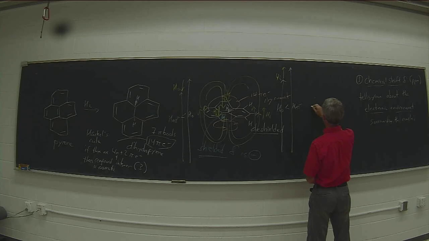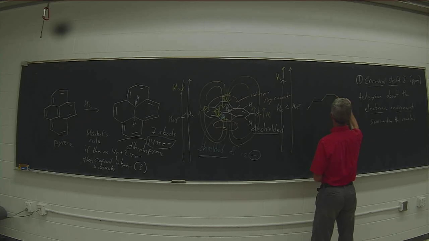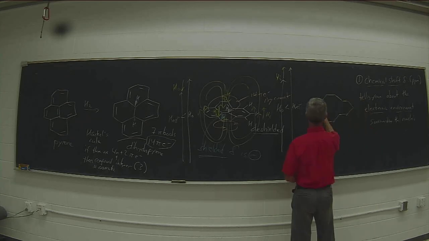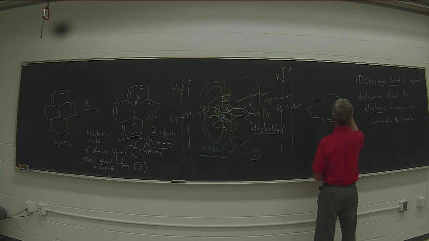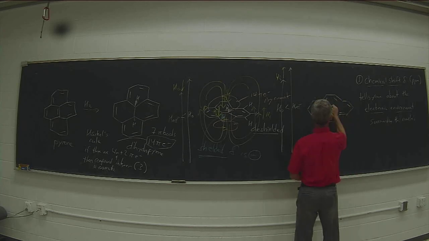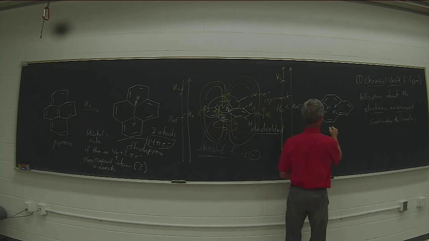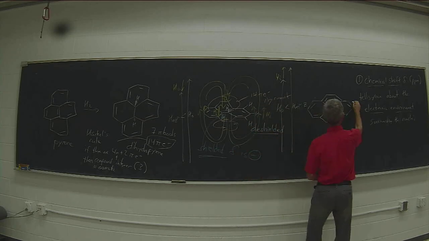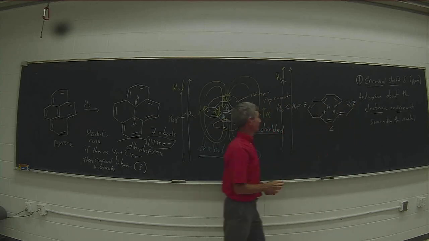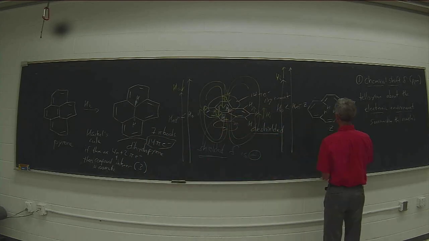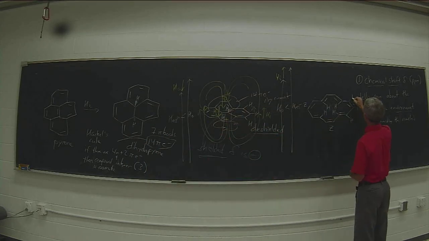A related molecule that behaves kind of the same way is a 14-member ring without those two central carbons. So we've got 3 Z double bonds, or cis double bonds, and then we've got 4 trans double bonds. And what that creates is 4 hydrogens in the center and 10 hydrogens on the outside.